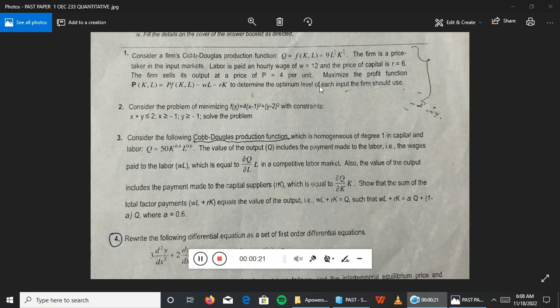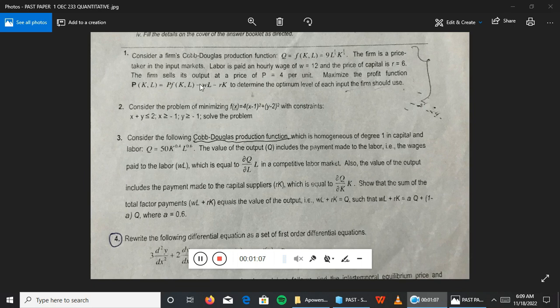For example, consider a firm with a Cobb-Douglas production function, output as a function of capital and labor, equal to 9L raised to the power of a half times K raised to the power of a half. The firm is a price taker in the input markets. Labor is paid an hourly wage of 12 and the price of capital, R, is equal to 6.